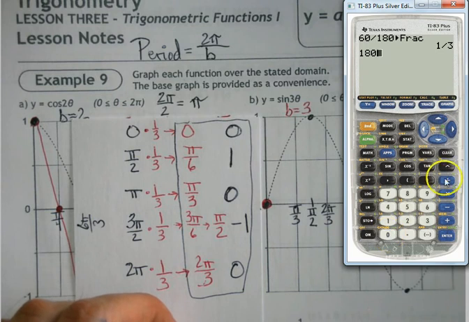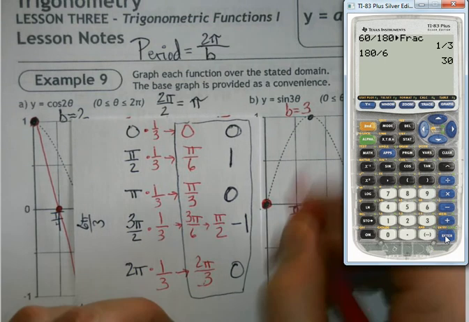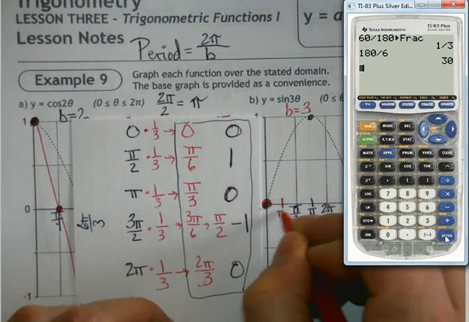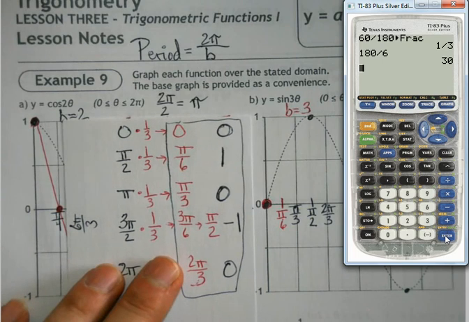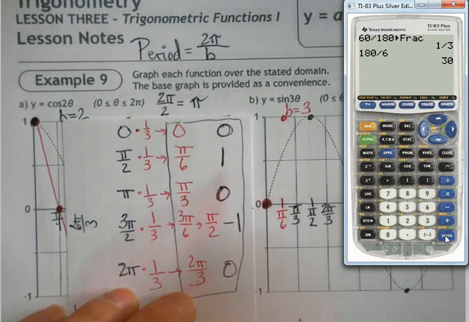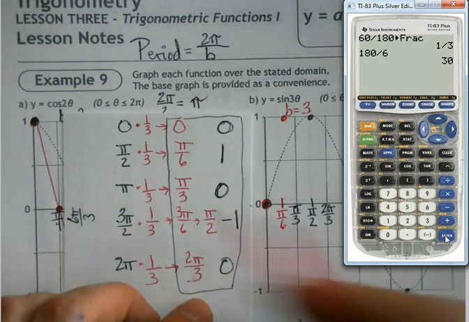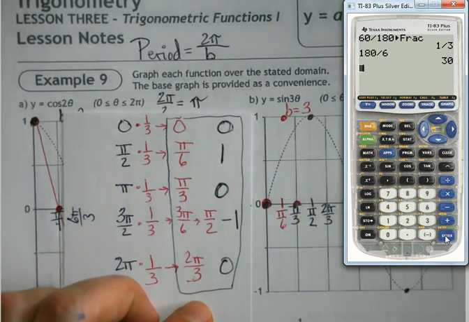Since pi is 180, that's 0. This is 60. We'll put a label in between. So pi over 6 puts us up here at 1. Pi over 3, which we have, puts us back to 0.